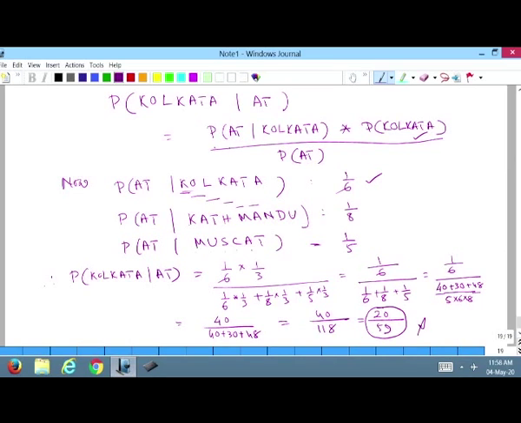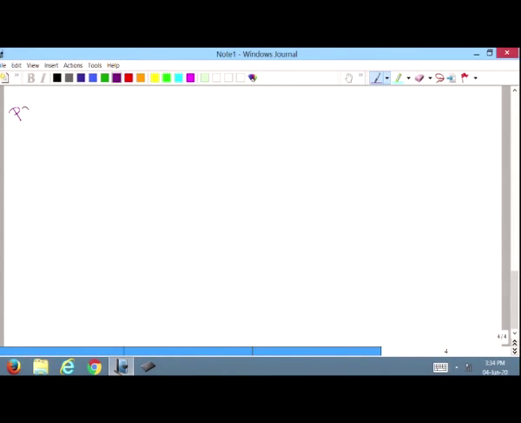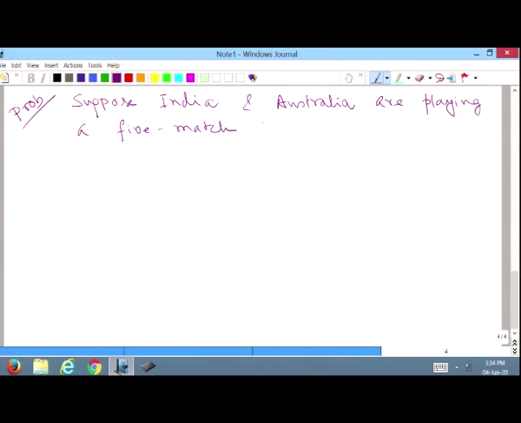That is the answer. So, let me finish the session with a tricky problem. Suppose India and Australia are playing a 5-match test series.